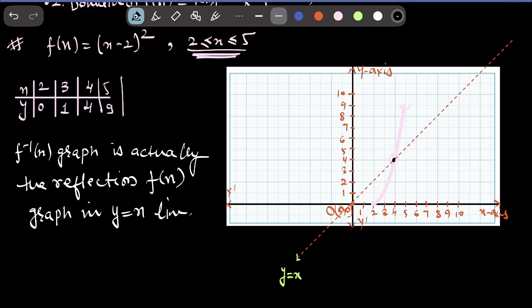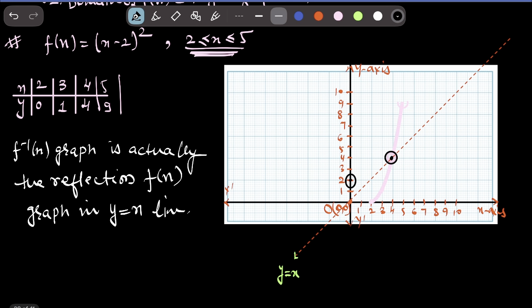This is 2 comma 0, so it is going to become 0 comma 2, and this is 4 comma 4, and this last point is actually 5 comma 9, so it will become 9 comma 5, so it will be represented over here. Okay, now these 3 points will be connected.